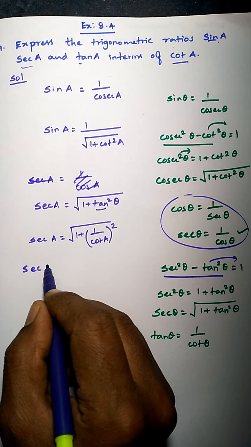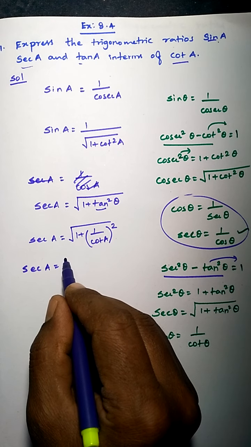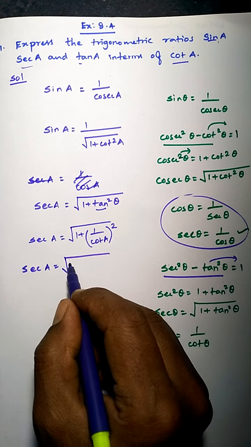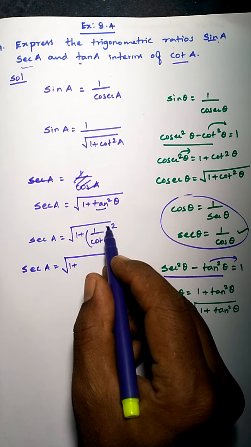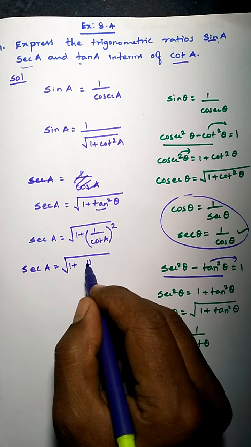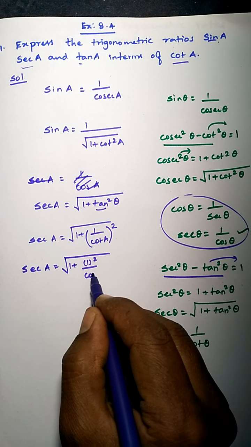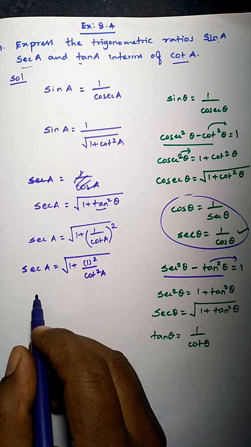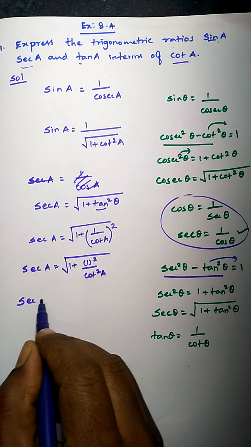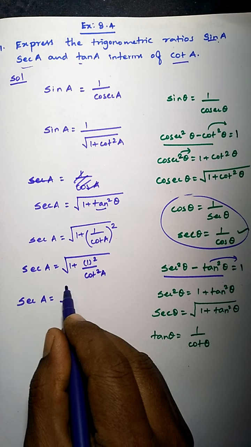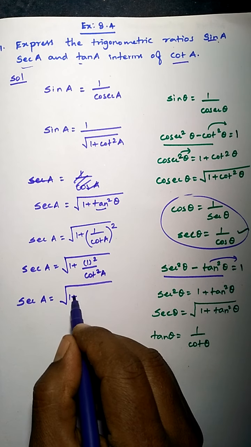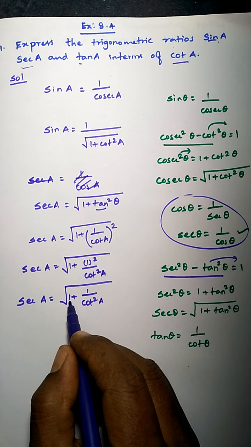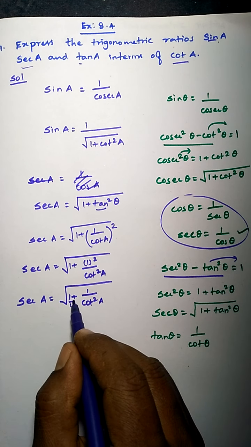So secant A equal to root of 1 plus, taking the square for both numerator and denominator, 1 square by cot square A. Then secant A equal to root of 1 plus 1 square, that is 1, over cot square A. Now take the denominator and cross multiply.